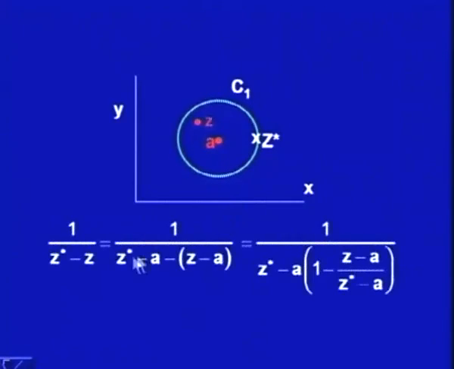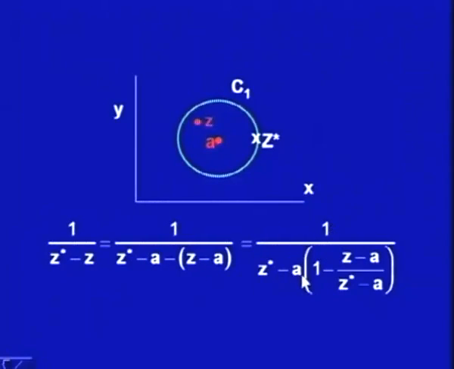Then 1 upon (z* minus z) is equal to 1 upon (z* minus a) minus (z minus a). So, I have added and subtracted a here.